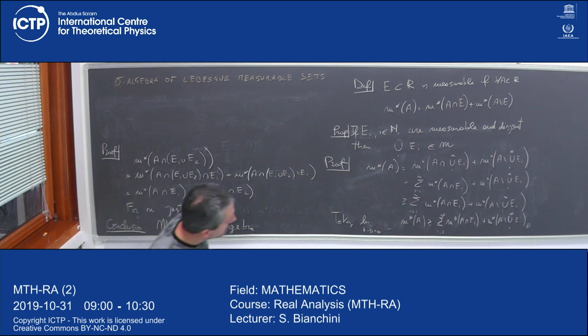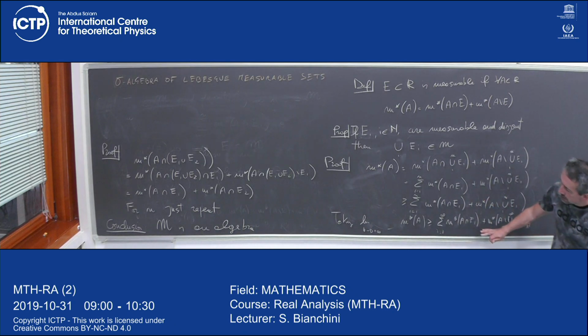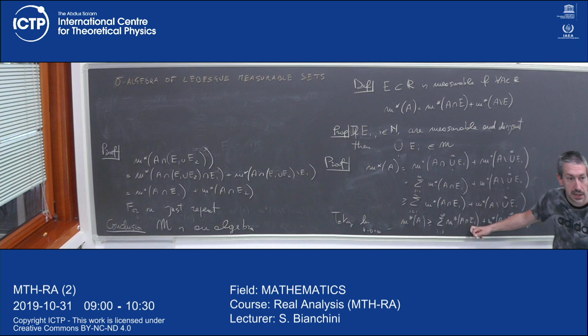And how to bring it back inside the measure? Yes, we have an infinite sum outside the measure. And why is it true if we put the infinite union inside the measure?